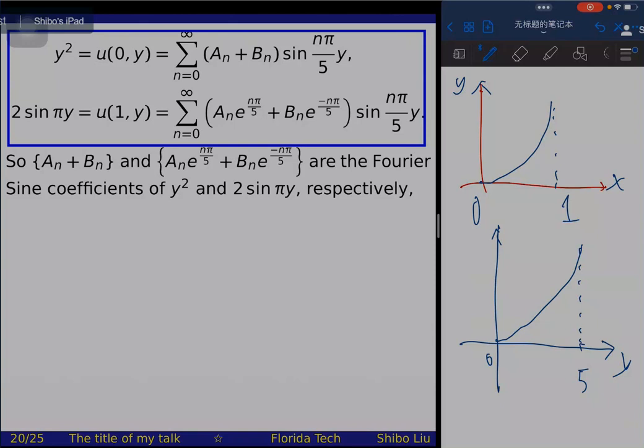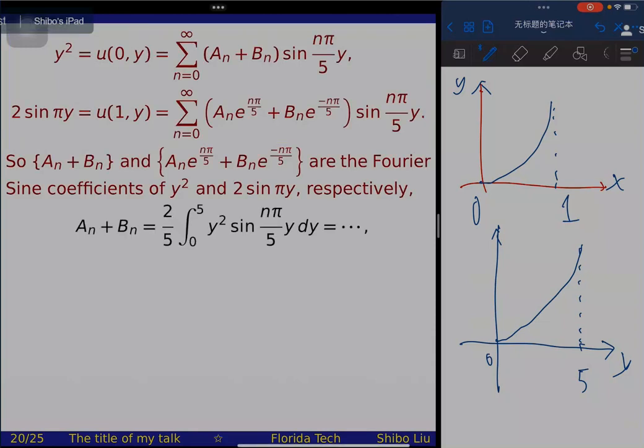Similarly, you consider the Fourier sine series of 2 sine pi y. By the formula for computing the Fourier sine series, we know that an plus bn is 2 over 5 times the integral from 0 to 5 of the function to be expanded, that is y squared sine n pi over 5 y dy.